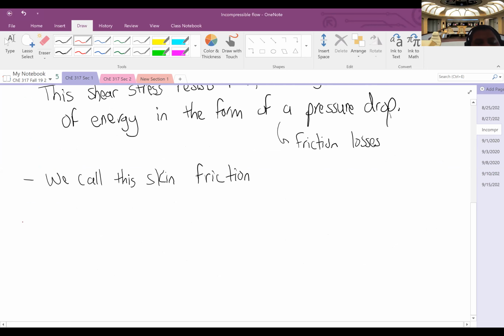So the question then becomes, how can we demonstrate this loss using an energy balance?